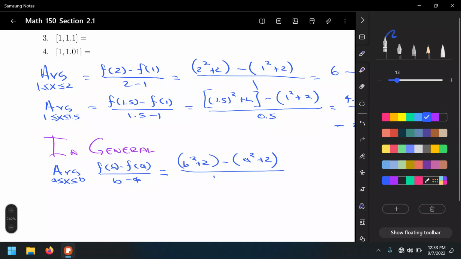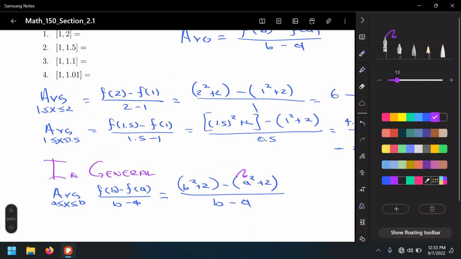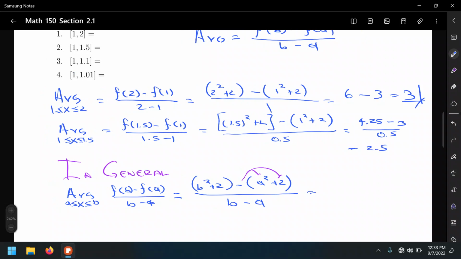And divide that by b minus a. Well, what are we going to get from here? Number one, let's distribute the negative to get b squared minus a squared, and 2 minus 2, the 2's cancel here, and in the numerator we only get b squared minus a squared over b minus a.